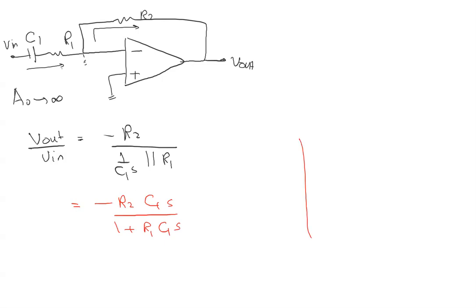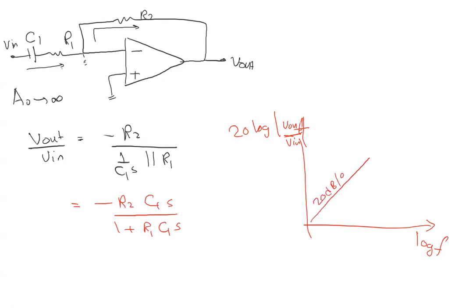Again, if we want to look at the Bode plot for log f and 20 log of V out over Vn, we have a zero at the origin, and therefore we will increase at 20 dB per decade.